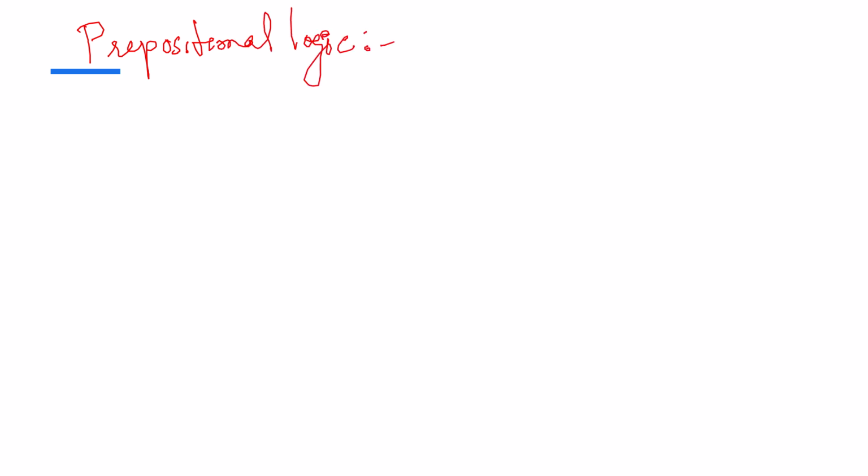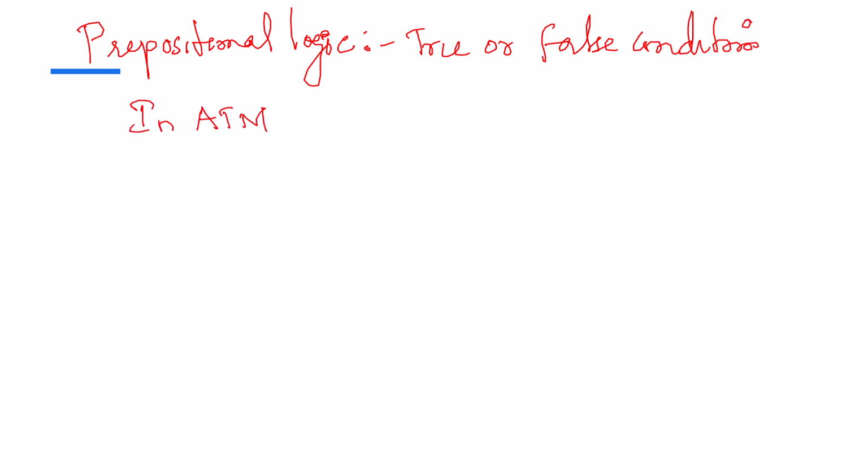Propositional logic. So what is actually propositional logic? It deals with simple true or false conditions. For example, in an ATM machine, how and when is the card accepted?